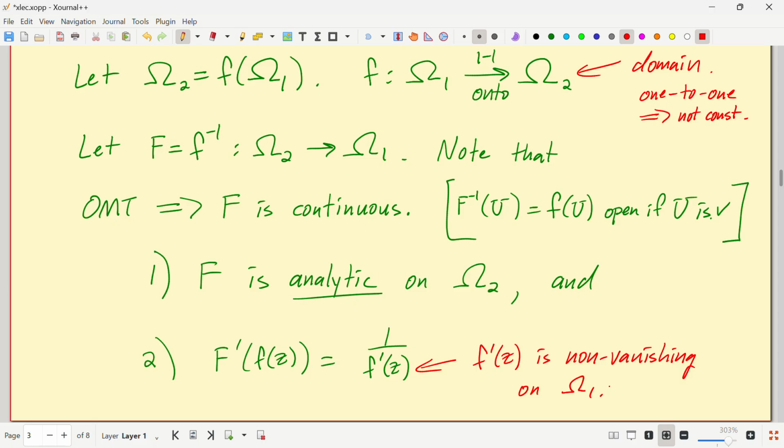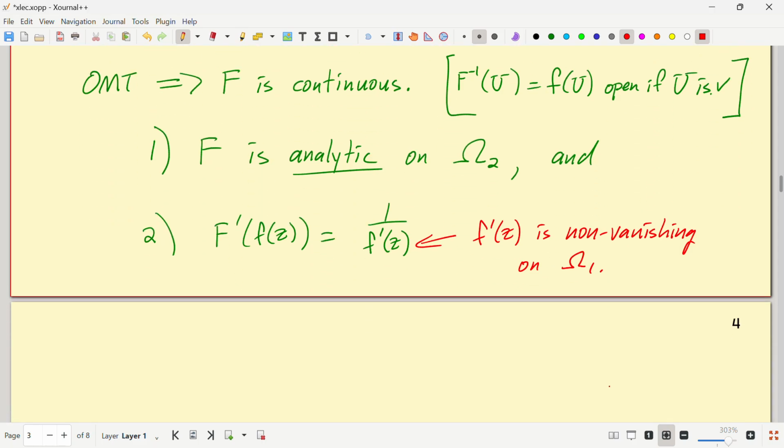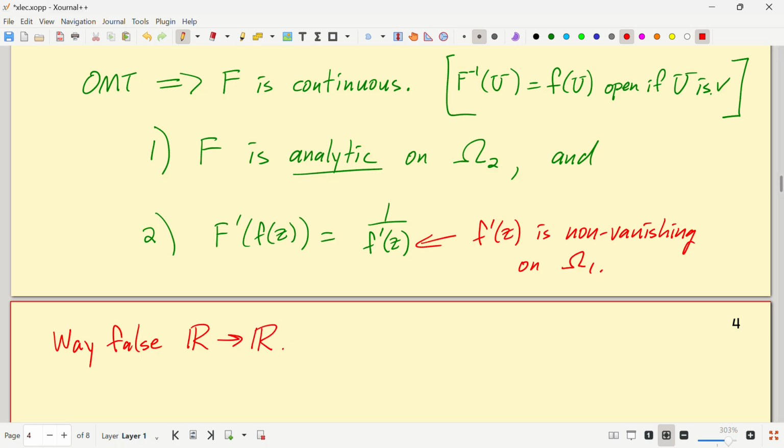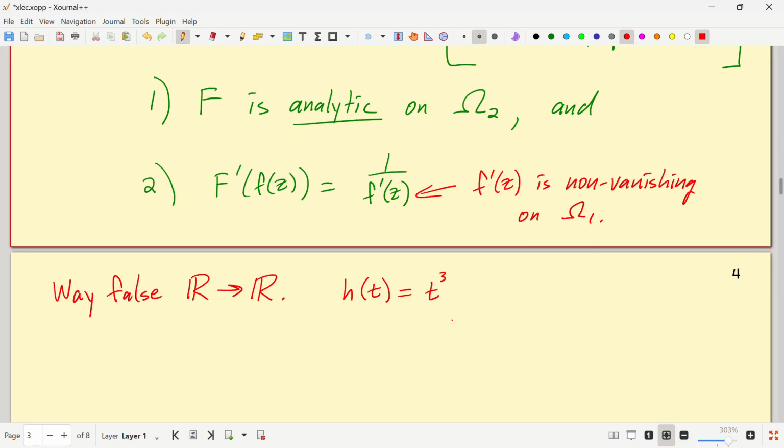That is way false for real functions. So that's a way false thing, R to R. The classic example is h of t equals t cubed. That's infinitely differentiable, and it maps minus 1, 1 one-to-one onto minus 1, 1.